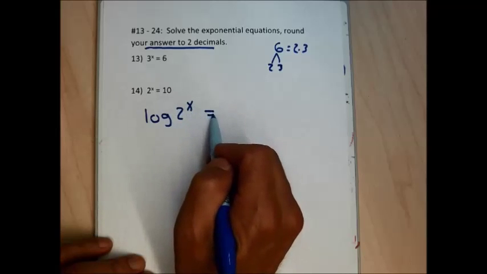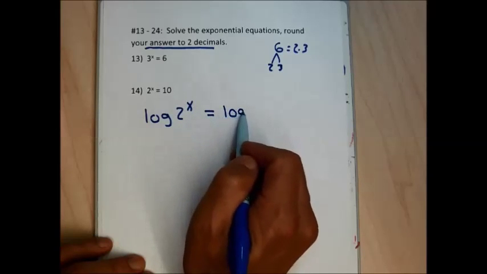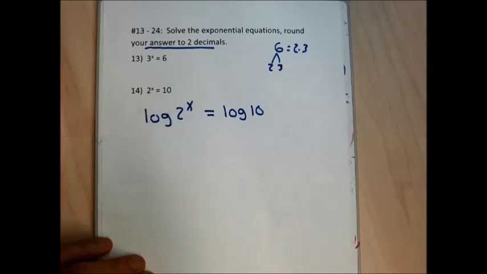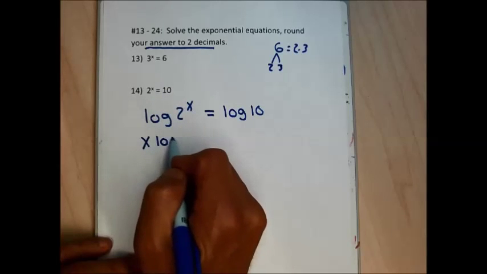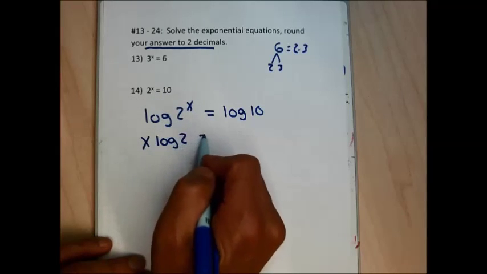So I'm going to go the logarithm of 2 to the x equals the logarithm of 10. Notice I didn't put any parentheses in. My calculator is going to want parentheses, and when I get decimal answers with logarithms, I usually use my calculator. I'm going to make the exponent of the x a number in front of that logarithm, being multiplied by that logarithm.